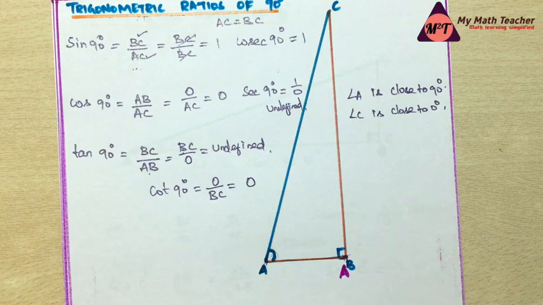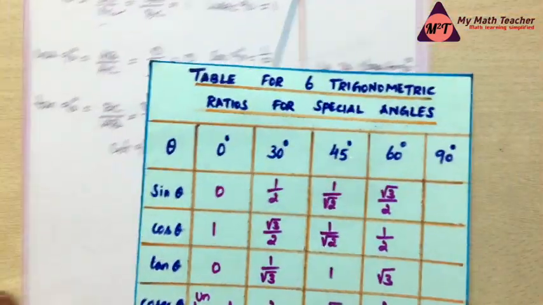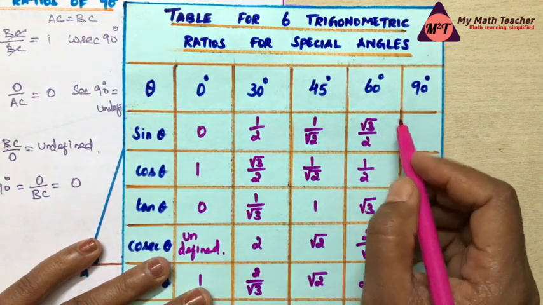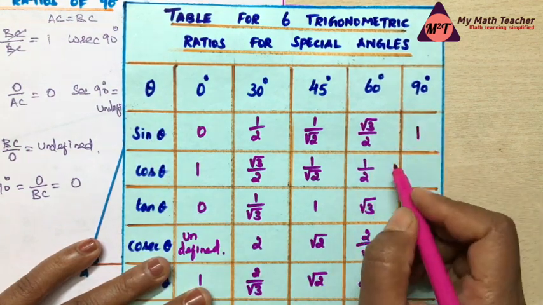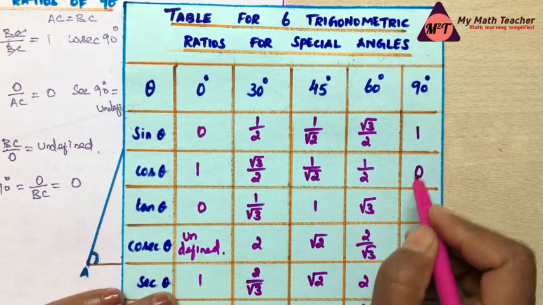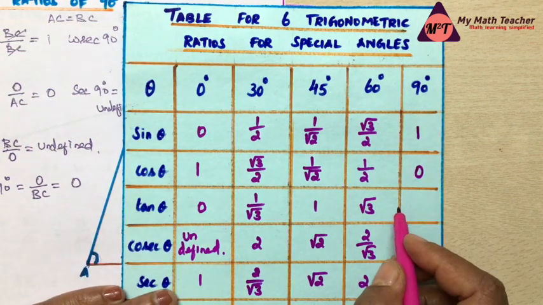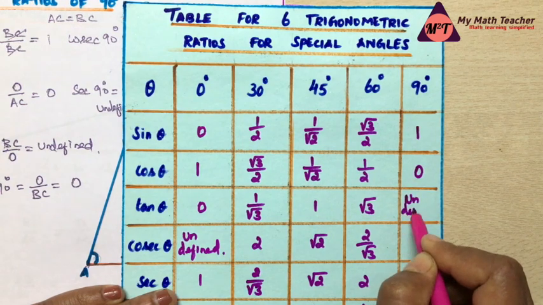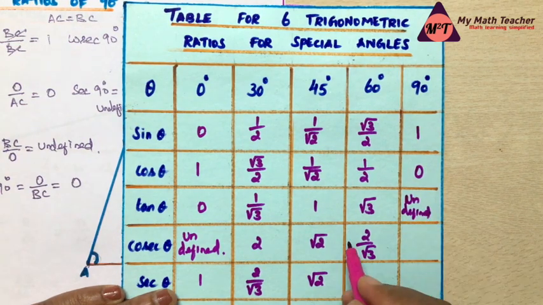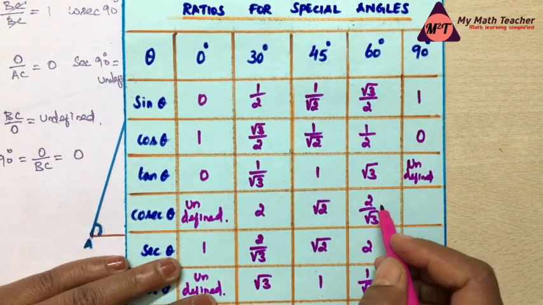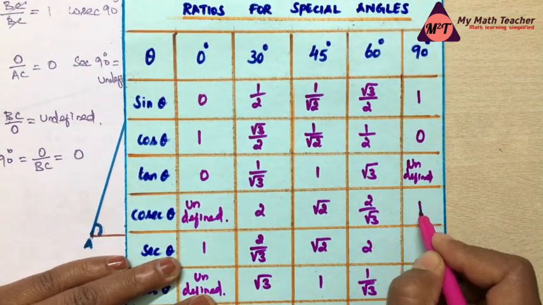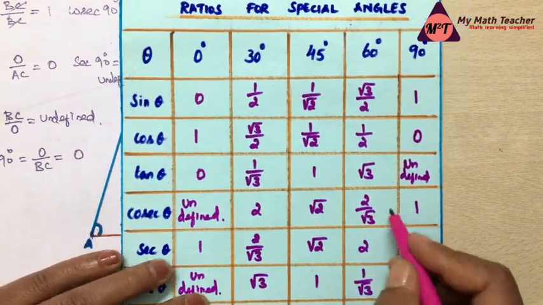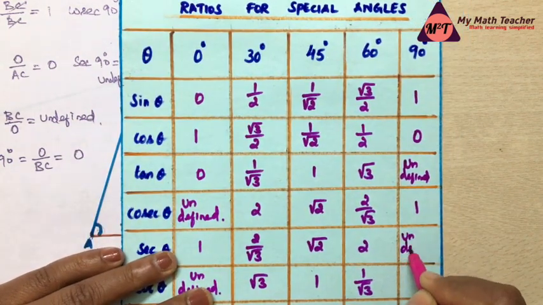So let us substitute in this. Sine 90 degrees will be 1. Cos 90 is 0. Tan 90 is not defined, that is undefined. Now cosecant 90 is 1 and secant 90 is undefined.